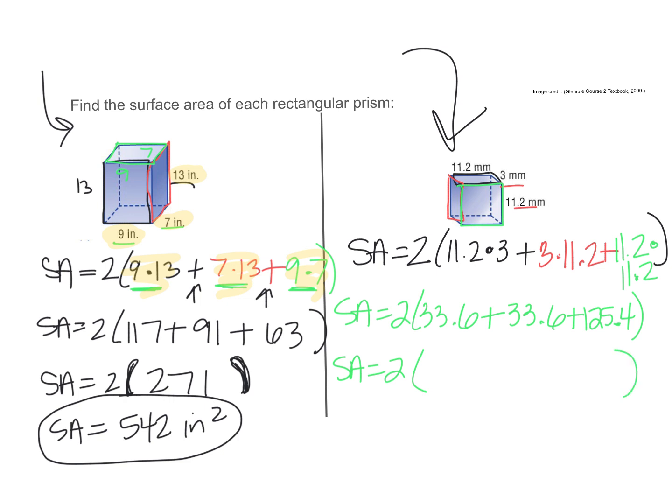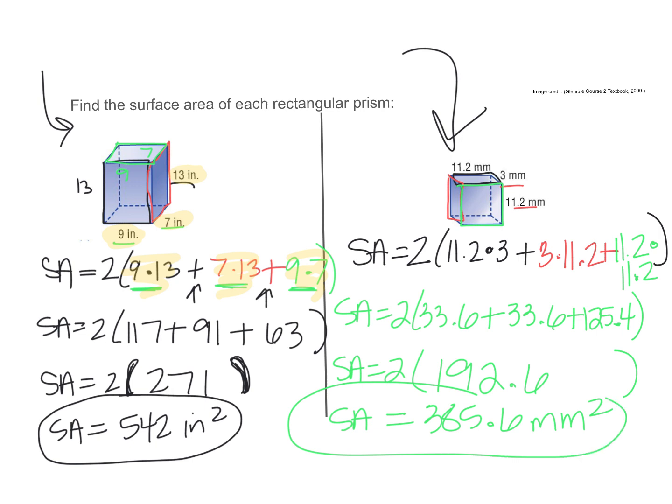I like to do it step by step so that we know exactly what we're doing and we don't miss any steps, and that no numbers accidentally get added or subtracted to other numbers. So if you added all those up in your calculator, you should have gotten 192 and 6/10. And then lastly, let's times that by 2. And we get 385 and 6/10 millimeters squared because it's area.